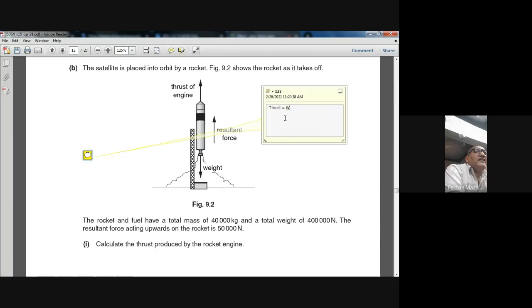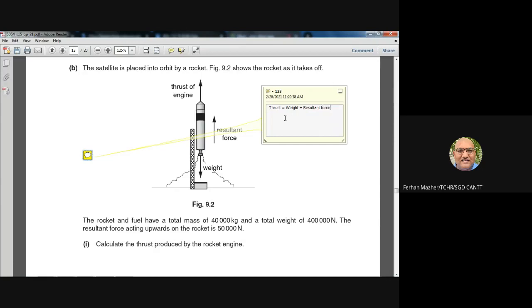It has to overcome the weight, plus it has to provide the upward resultant force. Okay, so you have your calculator with you. The weight is 400,000 and the resultant force is 50,000. So what will be the answer? You have a calculator with you? Yes, sir.